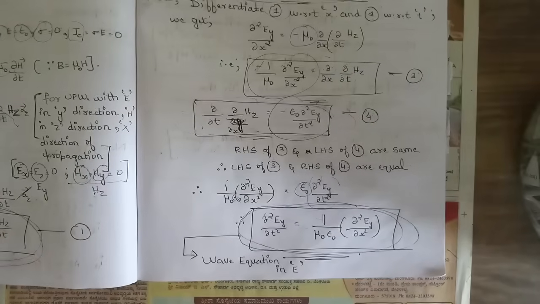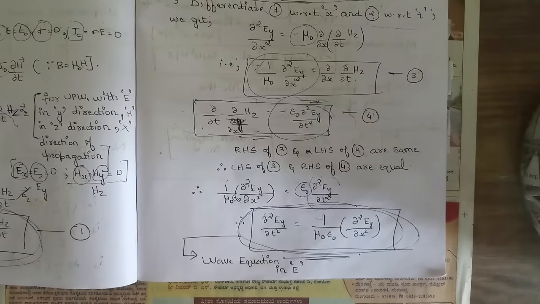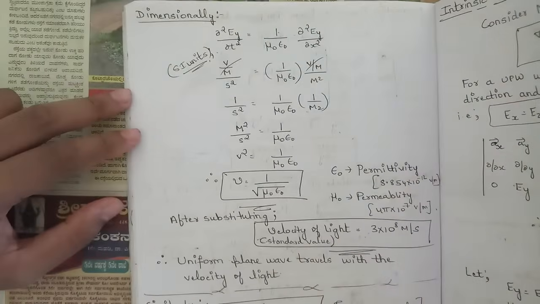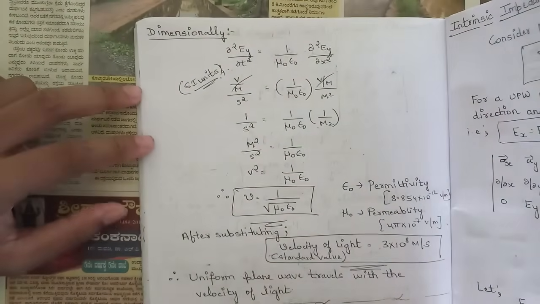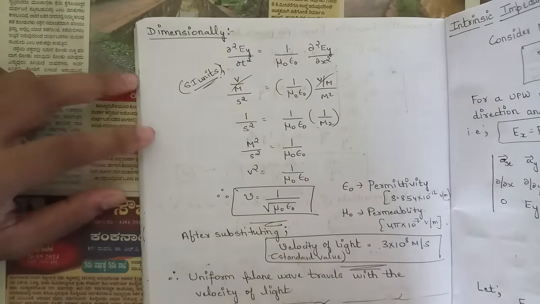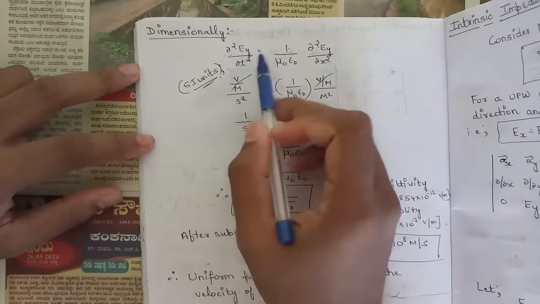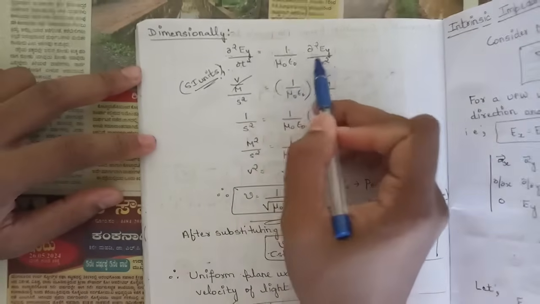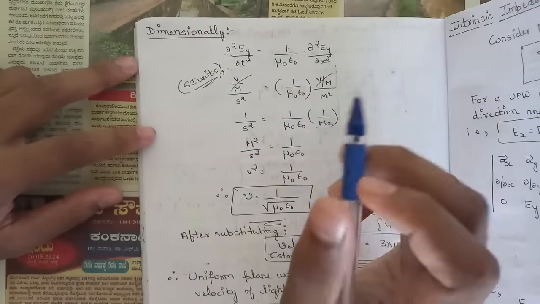Similarly, we can derive the wave equation in terms of the magnetic field by interchanging a few of the terms. What we can do is check this equation dimensionally: ∂²Ey/∂t² equals 1/(μ₀ε₀) ∂²Ey/∂x².